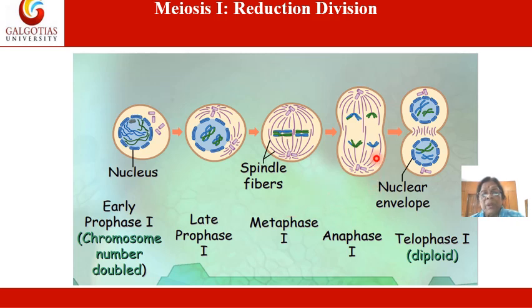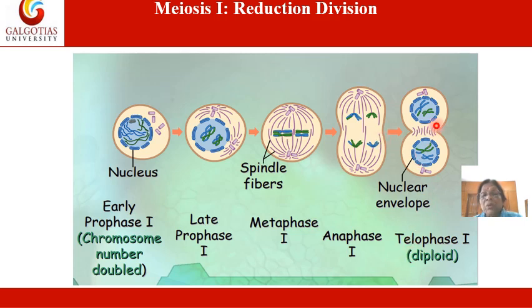Now, this is the stage called anaphase 1, when the chromatids start moving towards both poles, this side and this side. So they separate, and this stage is known as telophase.